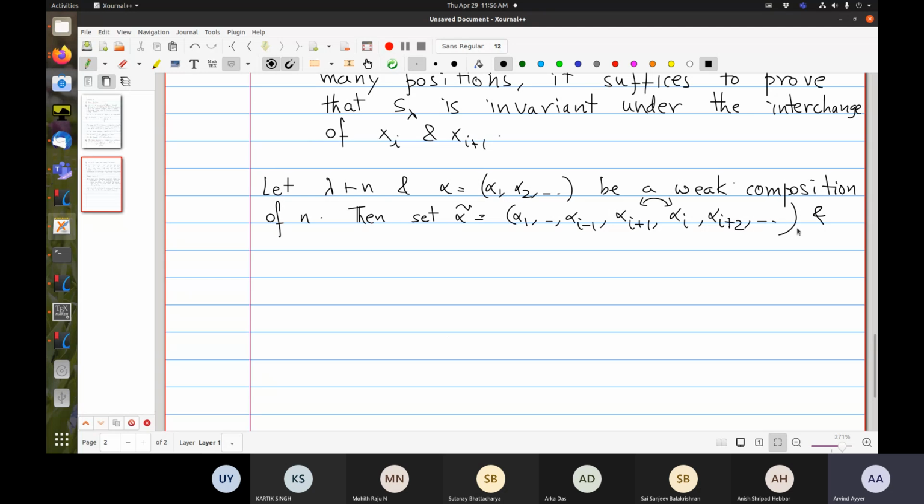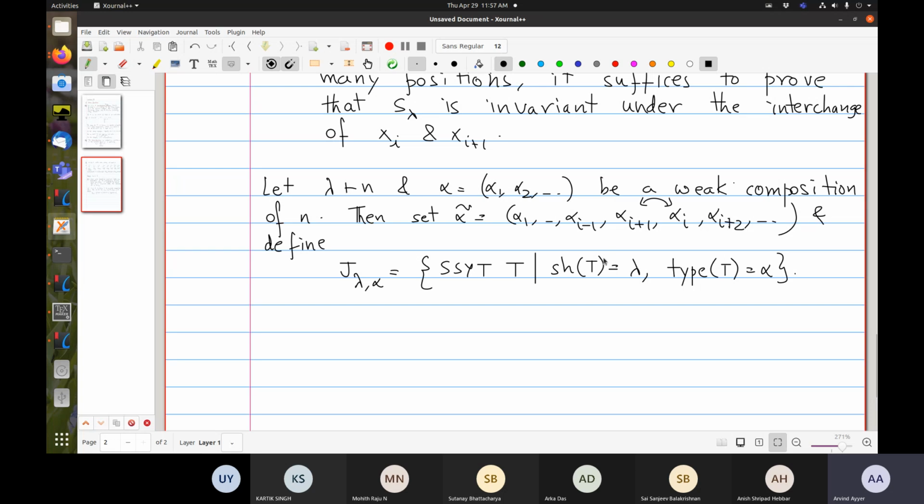And define J lambda alpha to be the set of SSYT T such that the shape of T is lambda and the type of T is alpha.